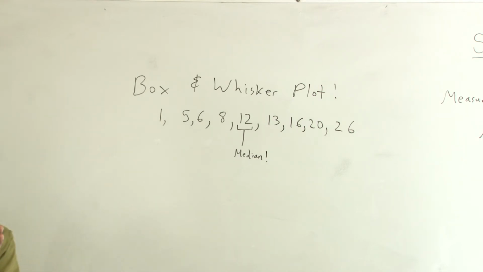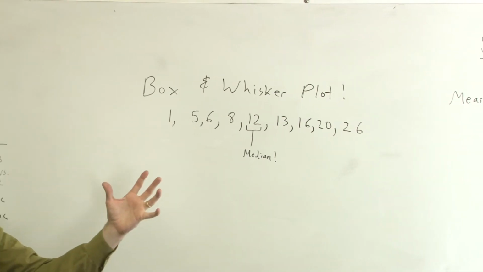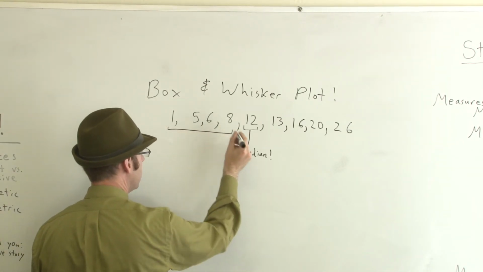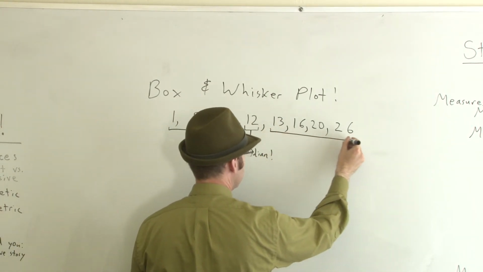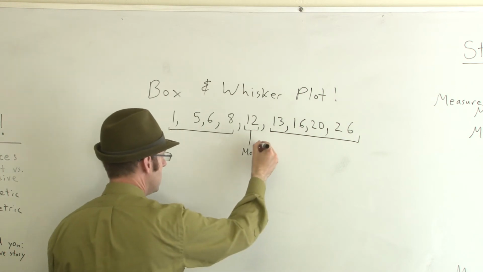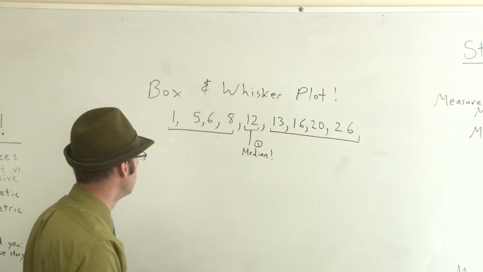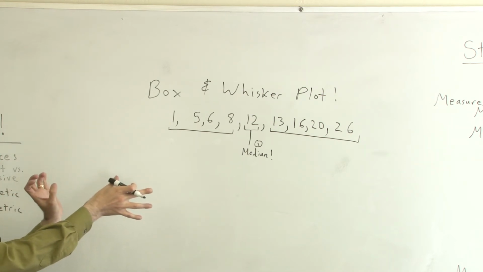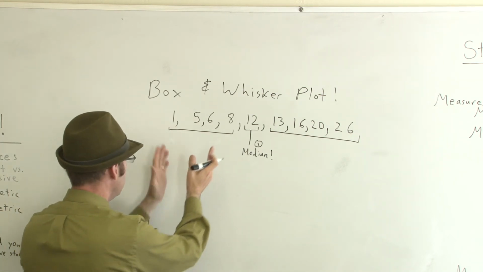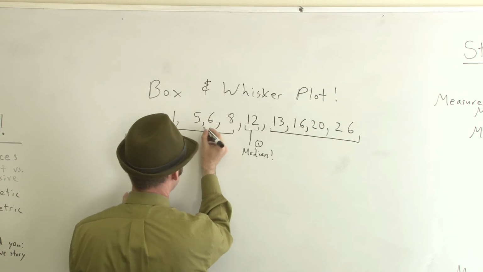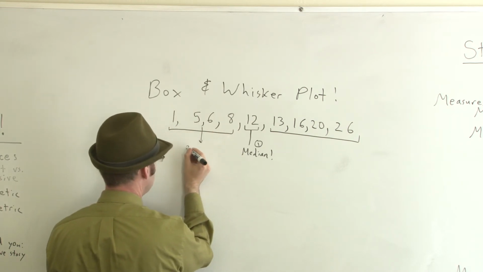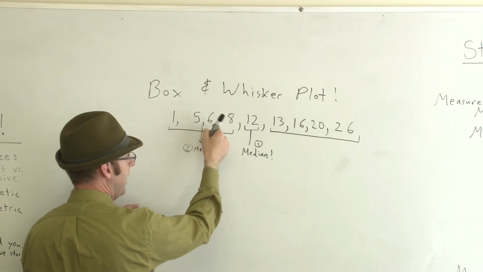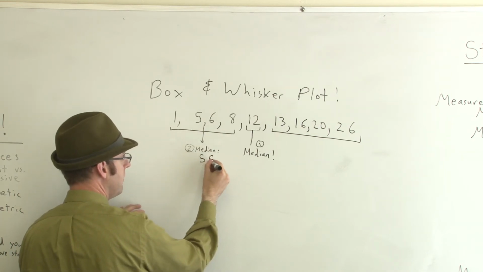The median will divide me into 2 sets of information. I got this guy, and I got this guy. Find my median first, and then I want to find the median of the 2 sets I just broke things up into. So the median of this thing is going to be the average of 5 and 6, which is 5.5.